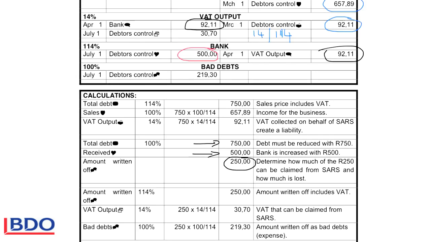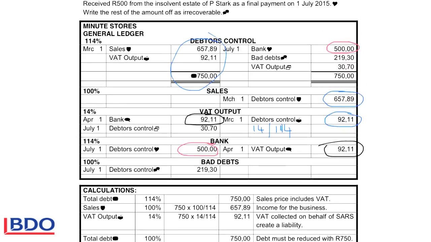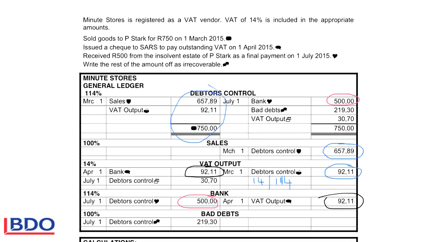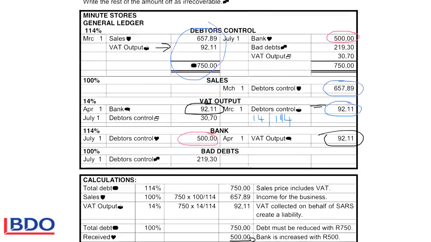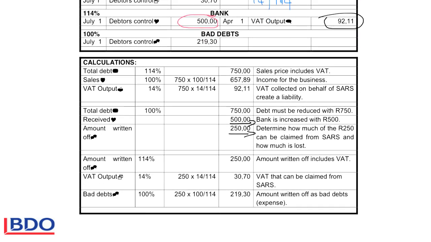When we sold the goods to the debtor, we paid over VAT on the total sales, 92 Rand 11. So it means that we calculated VAT as if we will receive VAT on the total amount. Now, because this person is insolvent and is not paying everything, it means that included in that 250 is VAT. So we will say that 250 equals 114%, because it's the amount that they owe to the business and the amount that they owe for VAT.